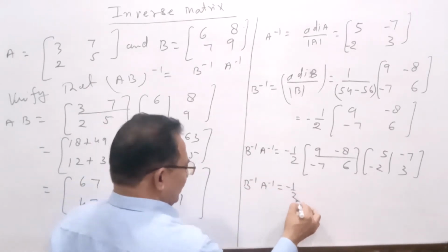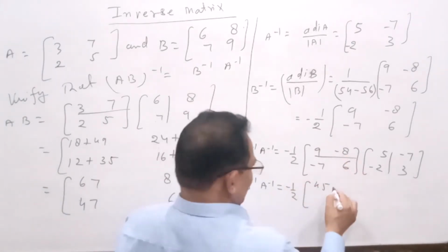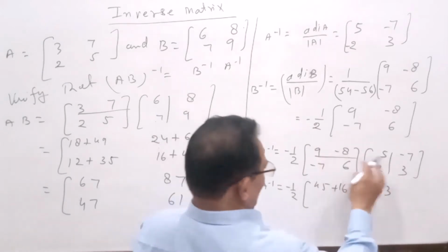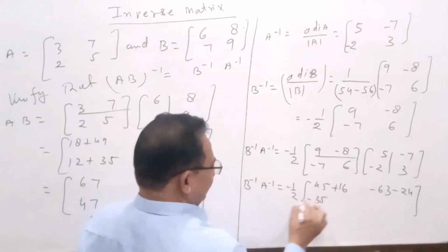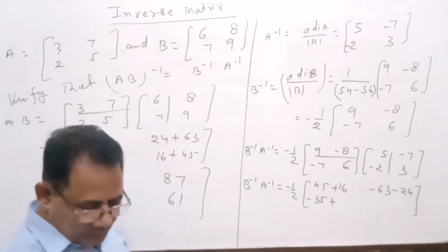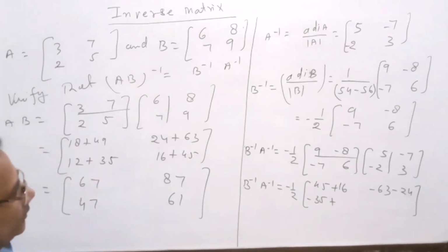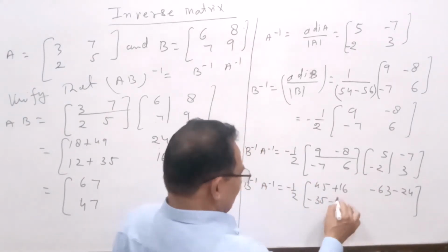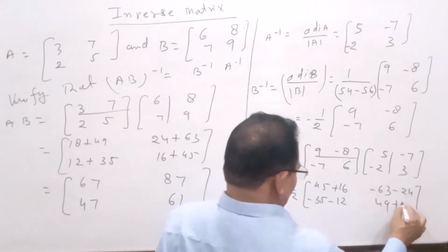So this is equal to minus 1 by 2, 9 into 5 is 45, minus minus plus 16, minus 63 minus 24, that is minus 35, and 7 into 5 is 35, and this into this that is minus 12 plus 49 plus 18.